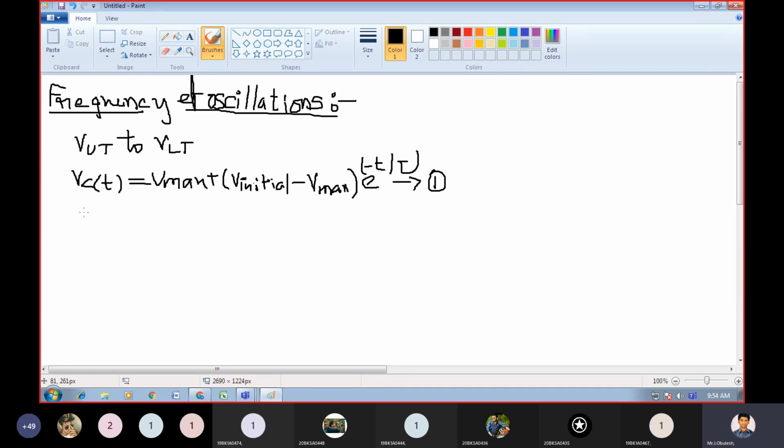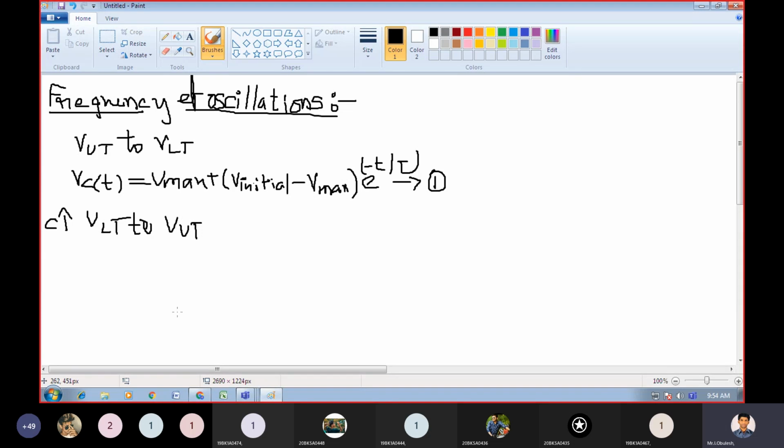Let us assume the charging of the capacitor from VLT to VUT, from lower threshold to upper threshold.